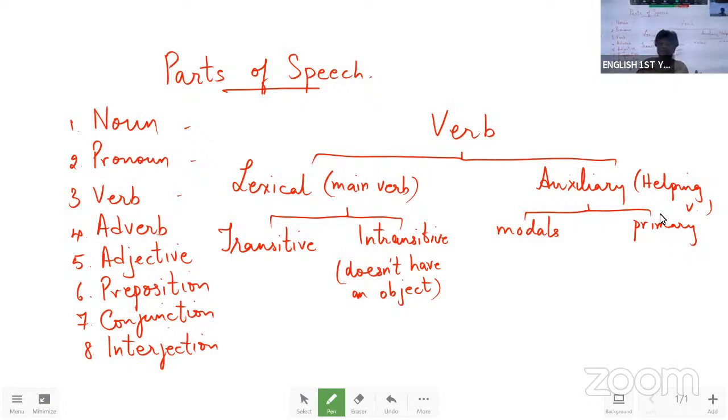Can, could, shall, should, will, would, may, might, all these are part of verbs. Remember this, many children don't know that can is not a conjunction but an auxiliary verb. Can, will, shall, might, may, need, dare, all these are modals, etc.